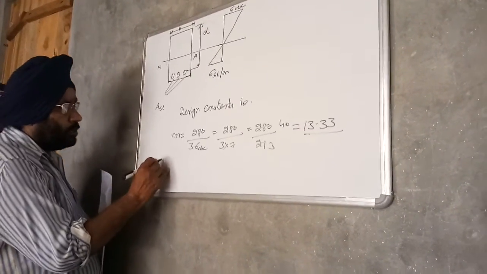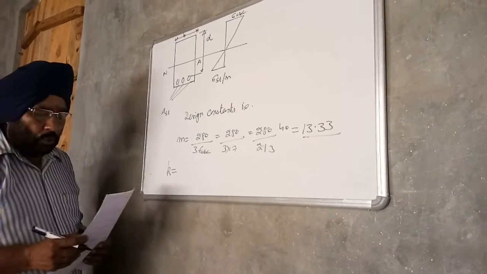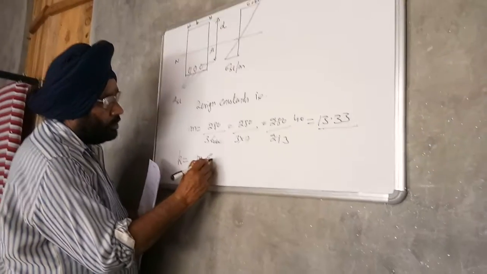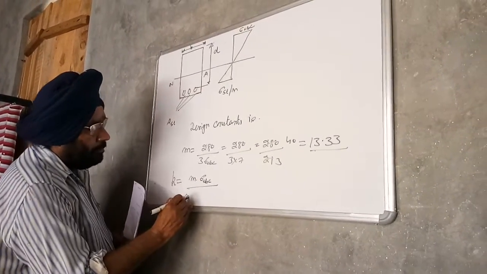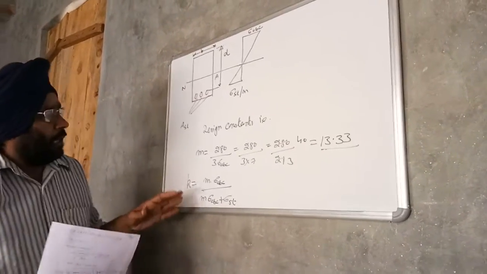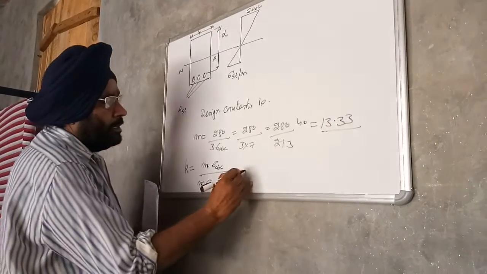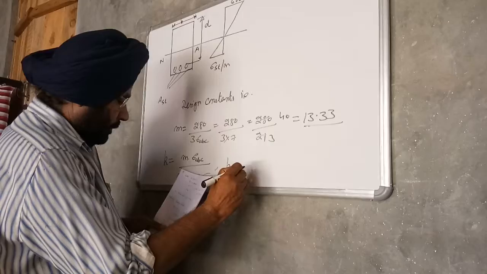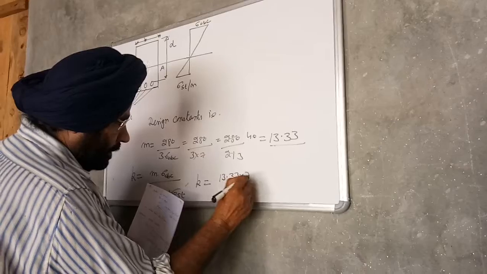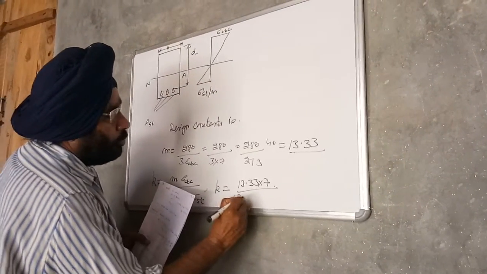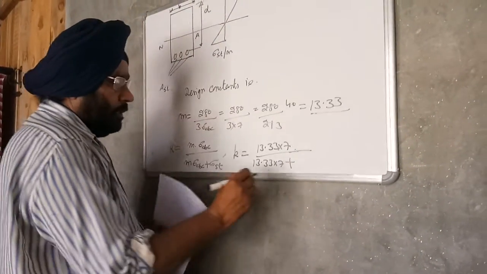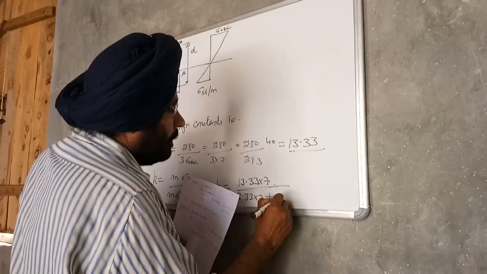And then neutral axis factor K. K is the neutral axis factor, and the relation for neutral axis factor is M sigma CBC upon M sigma CBC plus sigma ST. So putting all these values in this equation, we get K is equal to M, the value of M is 13.33 and sigma CBC 7, so 13.33 into 7 plus sigma ST. Sigma ST, the value is 140 for mild steel.